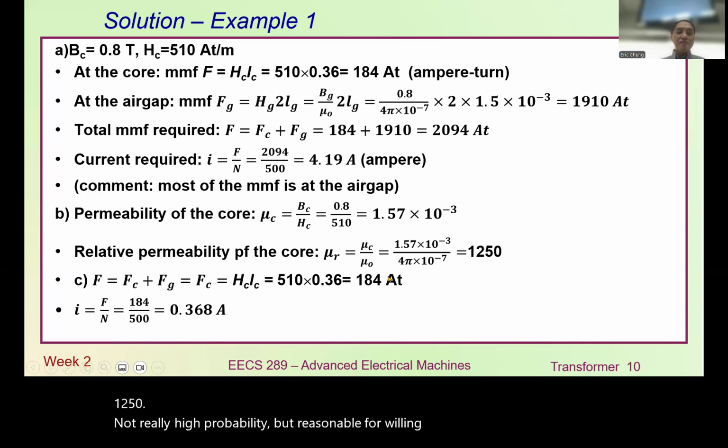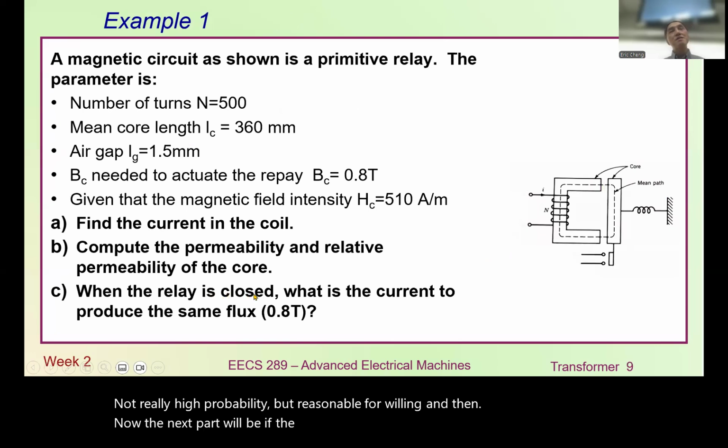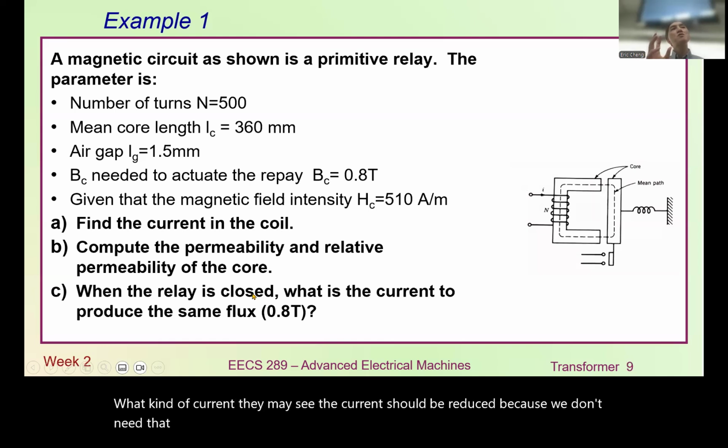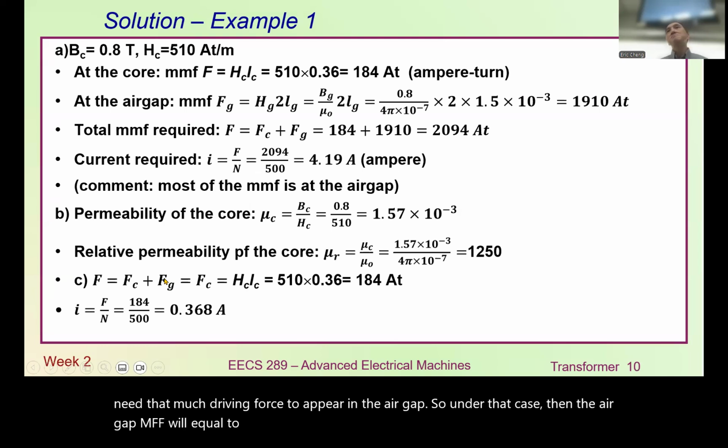And then the next part will be if the relay is closed, that means the air gap becomes 0. What kind of current? Then we can see the current should be reduced because we don't need that much driving force to appear in the air gap. So under that case, the air gap MMF will equal 0 because it disappears.